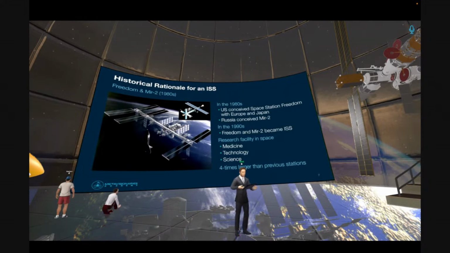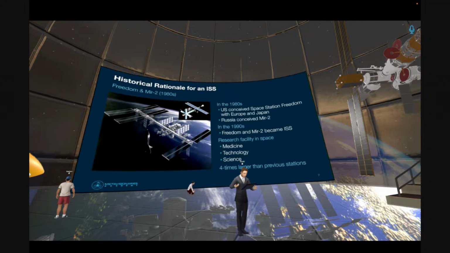If anyone could sum it up in one word, it's a laboratory for doing research. That's the purpose, that's the function of the space station. It's a laboratory. And to be more accurate, it's a group of several laboratories, laboratories from each of the partners of the International Space Station.